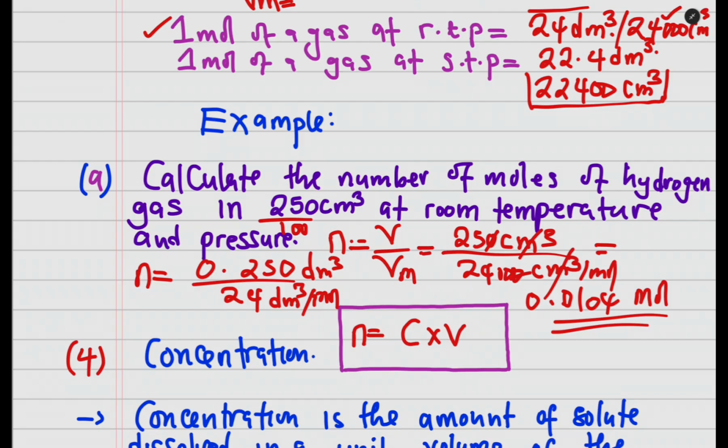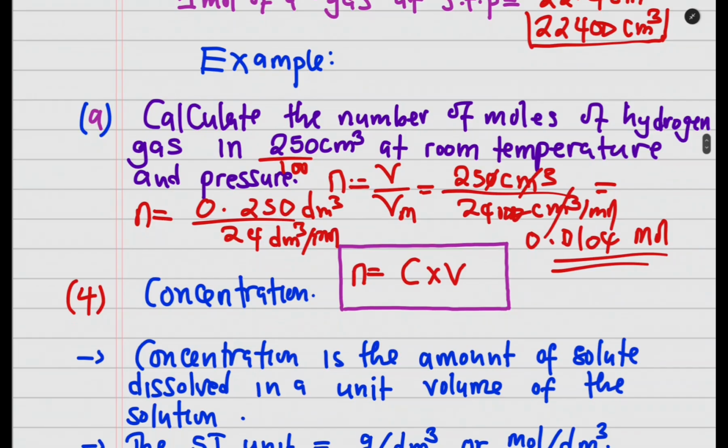Let me start by dividing 250 by 1,000. Okay, 0.25. Then divide by 24. It should be able to give us the same. So that is how you can use this one. These are very important when it comes to calculations. You are going to see how to apply them when you are given a full question. So take note of this part.